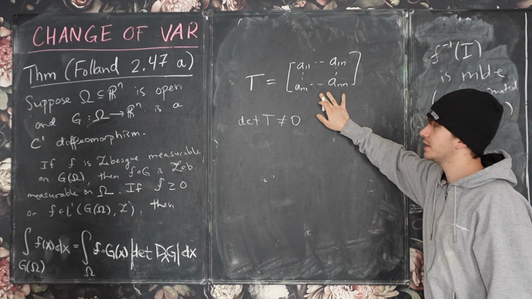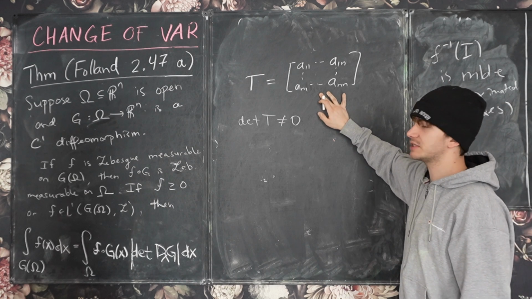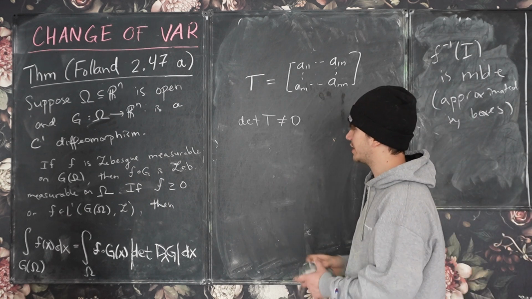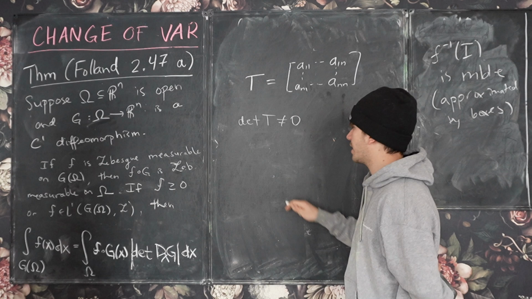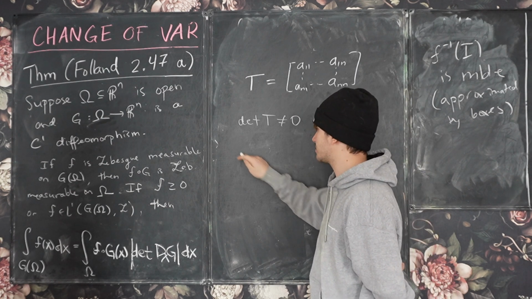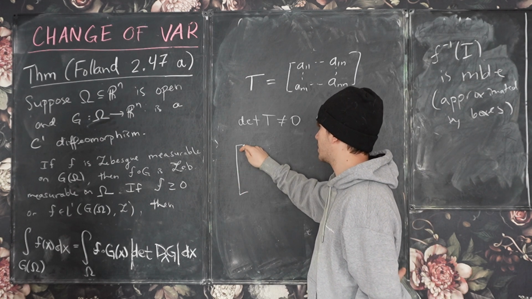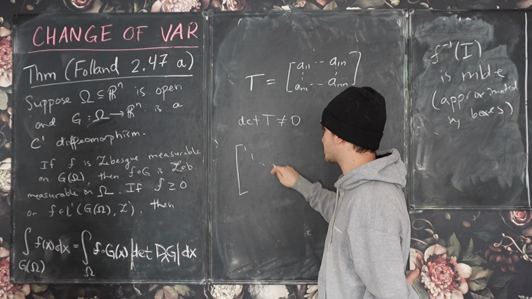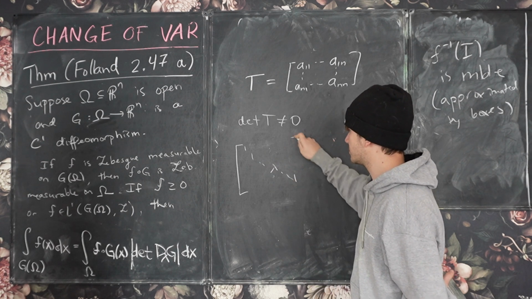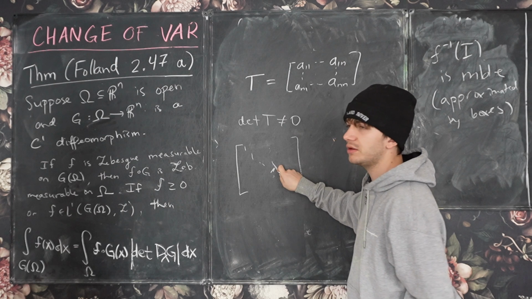Each of those row reductions is an elementary transformation. I can do elementary transformations of the following type. I can scale one of the vectors by lambda.